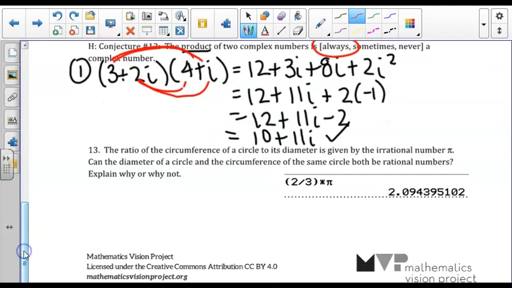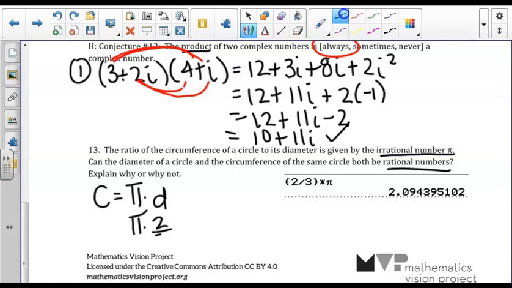The last one we're going to look at is the ratio of the circumference of a circle to its diameter. Now recall the circumference of a circle is equivalent to pi times diameter. So it's saying that the ratio of the circumference of a circle to its diameter is given by an irrational number pi, which we see right here. Can the diameter of a circle and their circumference both be rational numbers? Well, let's plug in a rational number in for the diameter.